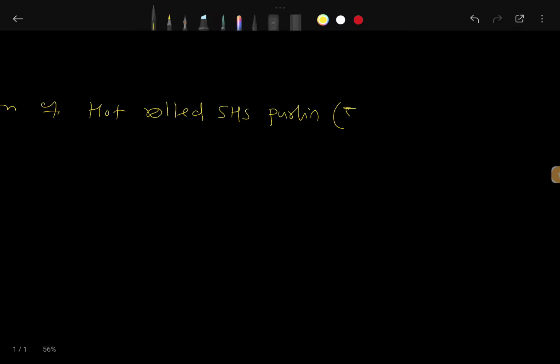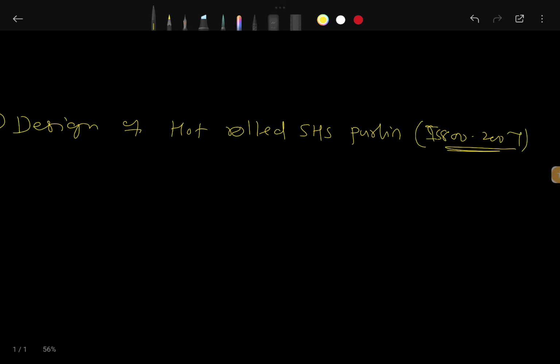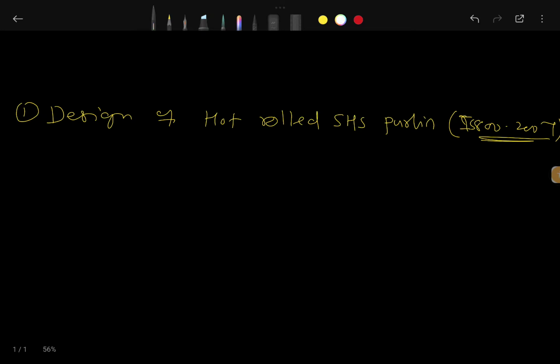The code we use is IS 800:2007. SHS is efficient in biaxial bending. This SHS section is efficient in biaxial bending.